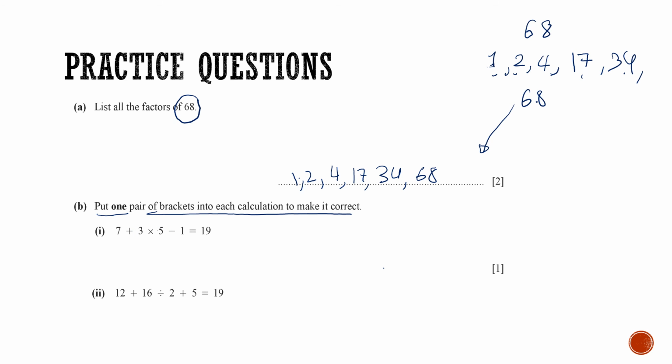Then you try 5 minus 1, which gives us 4. 4 times 3. You use BODMAS here: brackets first, multiplication next, and then addition. So this gives us 4 times 3, 12, plus 7, which gives us 19. Hence, you put the brackets here. That's how we do it.